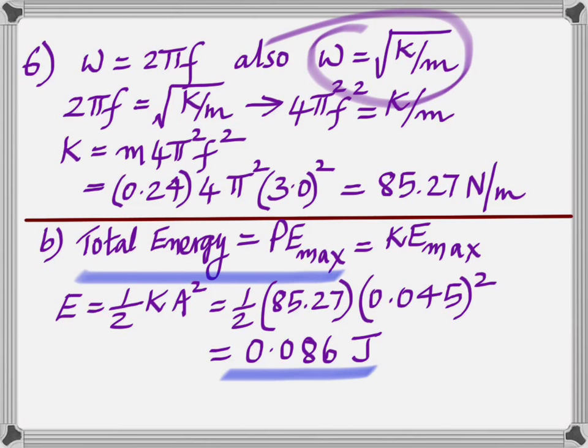In the B part, total energy is 1/2 K a squared, which is the maximum of potential or the maximum of kinetic. Same formula. And since you know K and you have the amplitude, plug them in and get the answer.